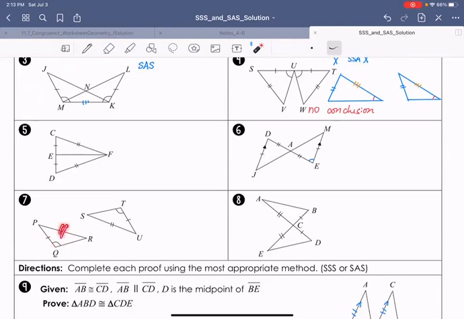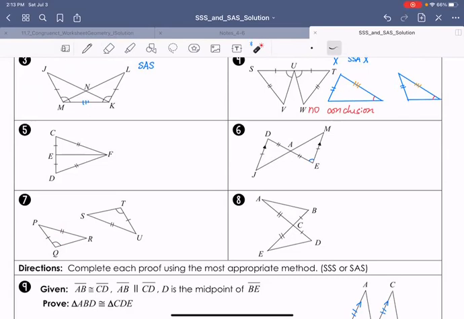This is SSA. SSA is not working. It cannot be used as a theorem.